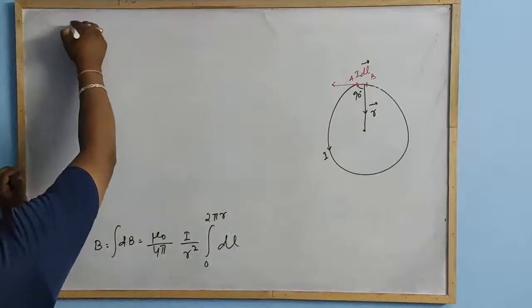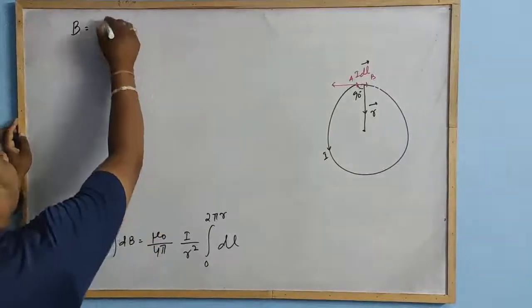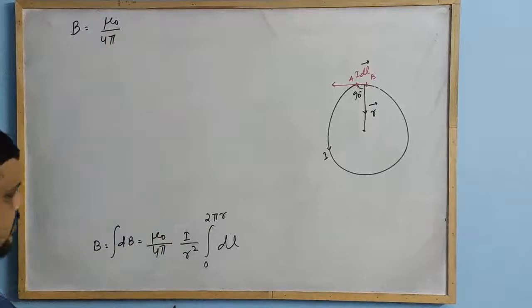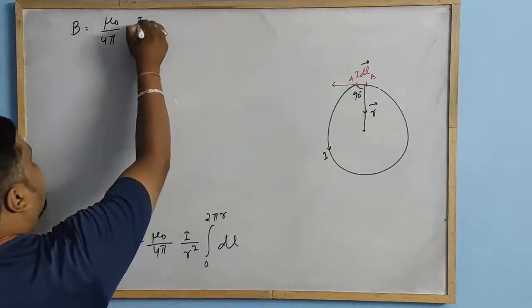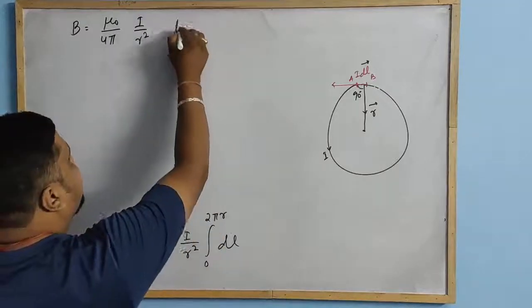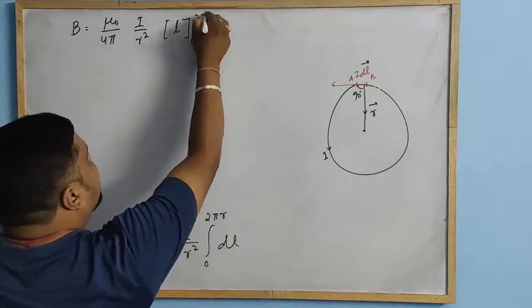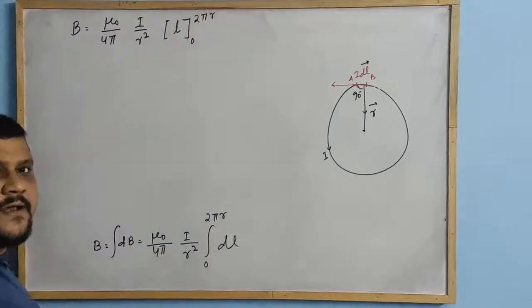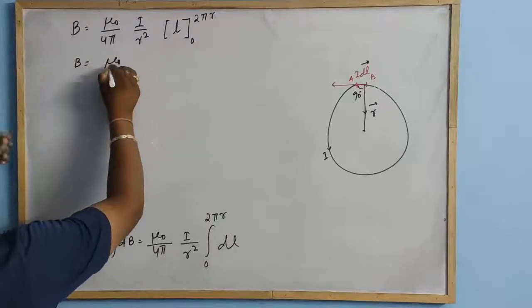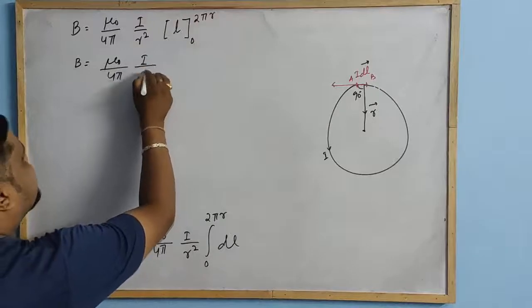So B is equal to mu naught by 4 pi, right? Mu naught by 4 pi I by r square, integration of dl, L with limits 0 to 2 pi r. Clear? Then B is equal to mu naught by 4 pi I by r square.